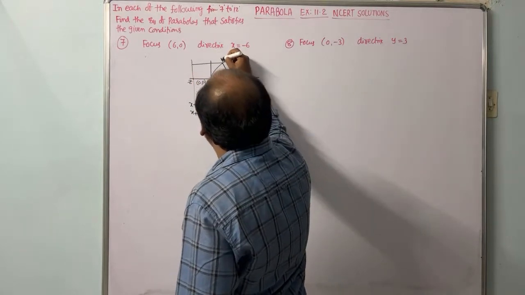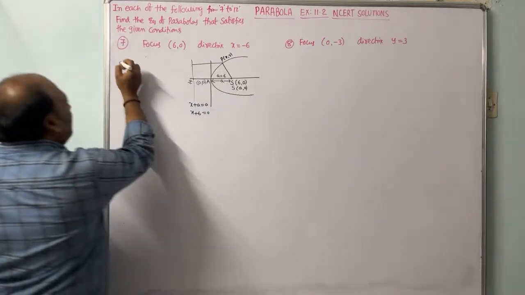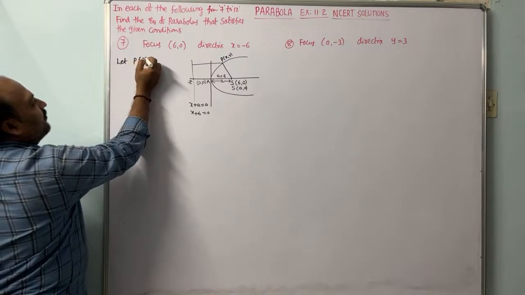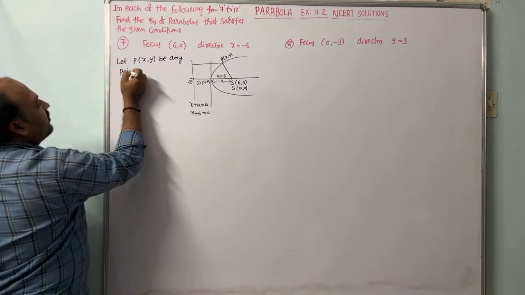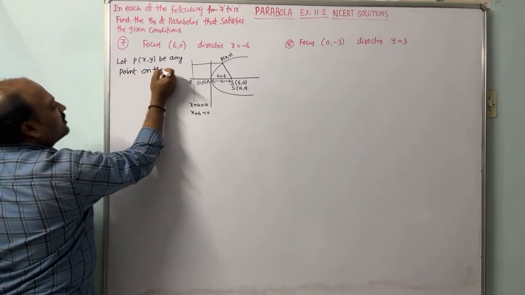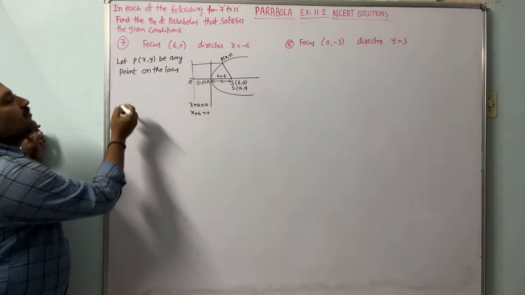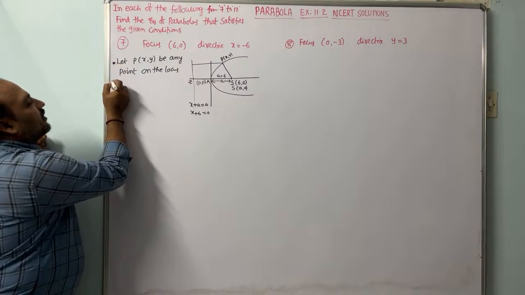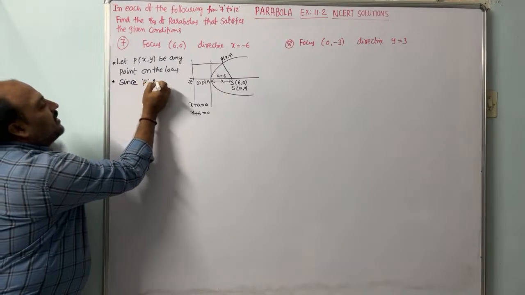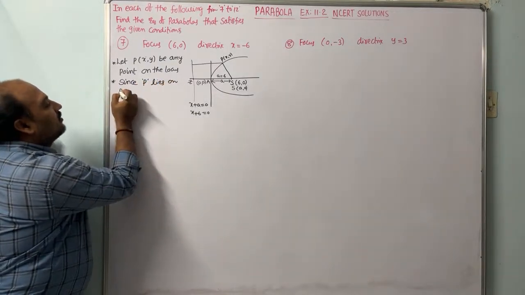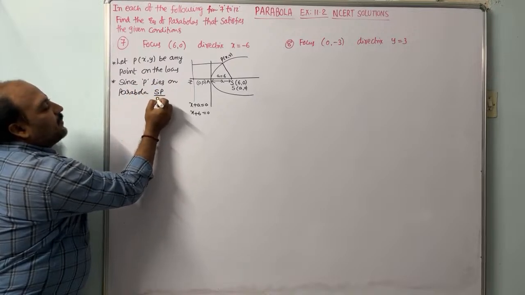Let us consider one point P(x, y) on the parabola. Let P(x, y) be any point on the locus. On the locus means, here according to the question, the parabola, whose equation they are asking. Since P lies on the parabola, SP/PM = e.